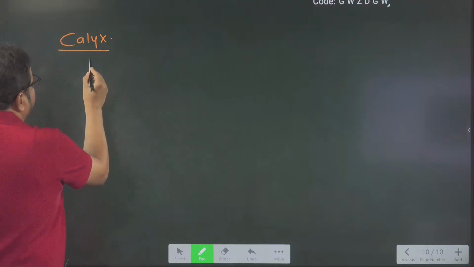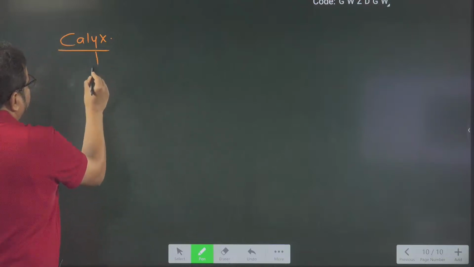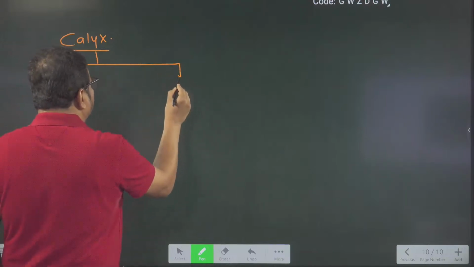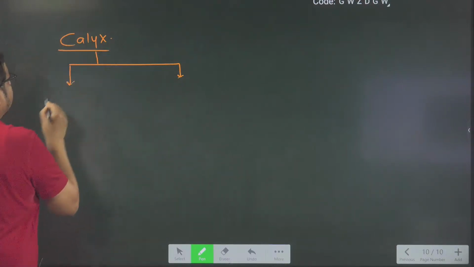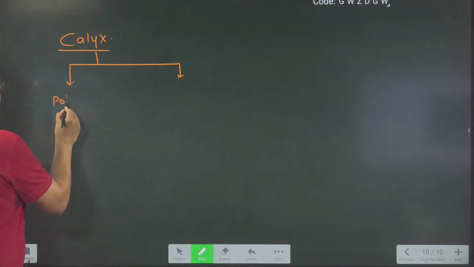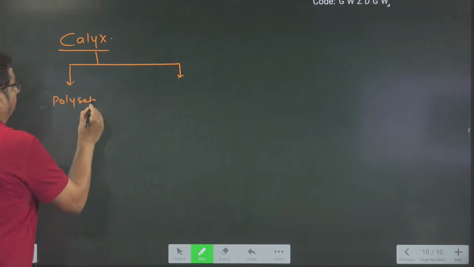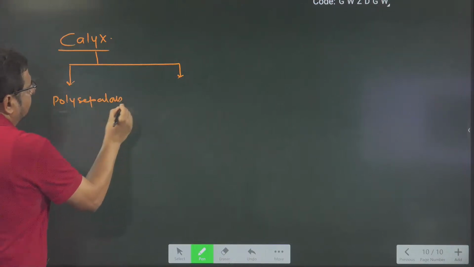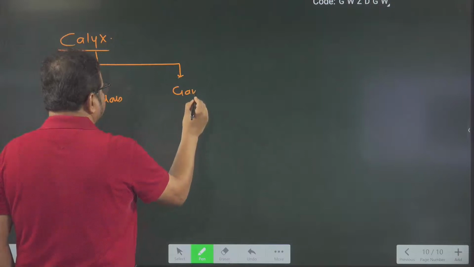Now simply I am writing calyx, either sepals fused or free. Based on that, there are two types of calyx. One is polysepalous. Another is gamosepalous.